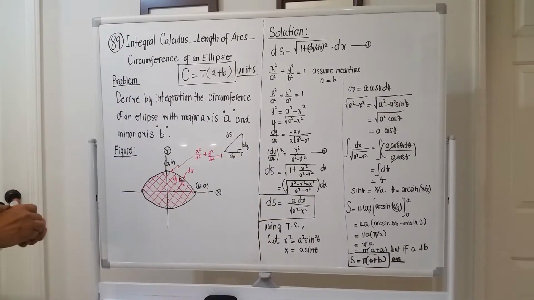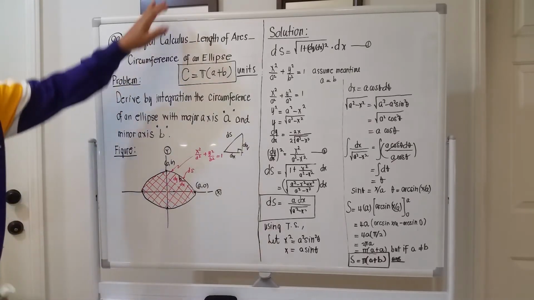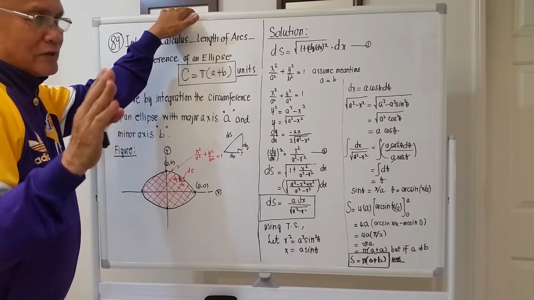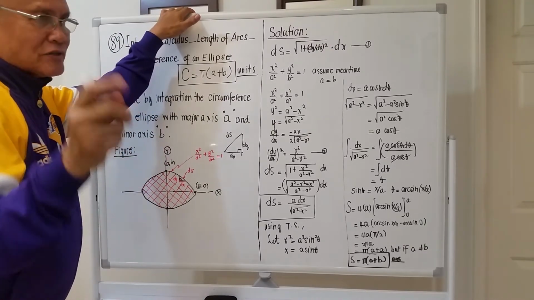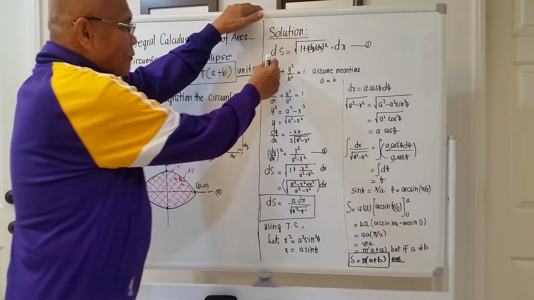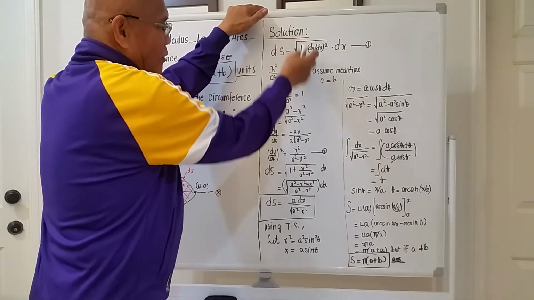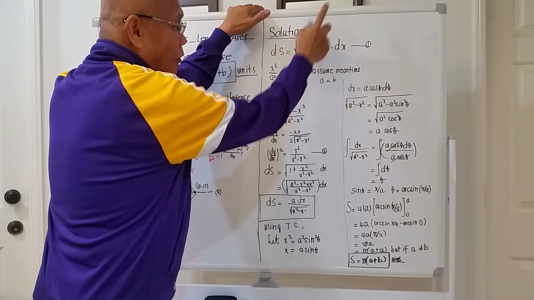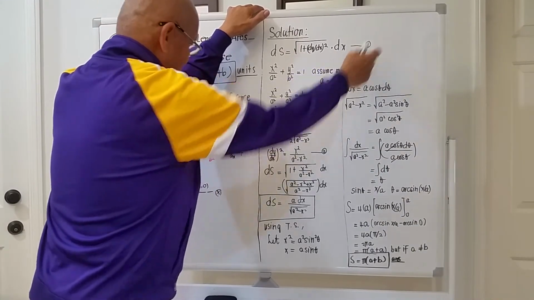Okay, let's try to bring out the solution of this one. Number one part of the solution is to bring out the differential length of arc. This will be the differential length of arc equal to the square root of 1 plus (dy/dx) quantity squared, all multiplied by dx, equation number 1.